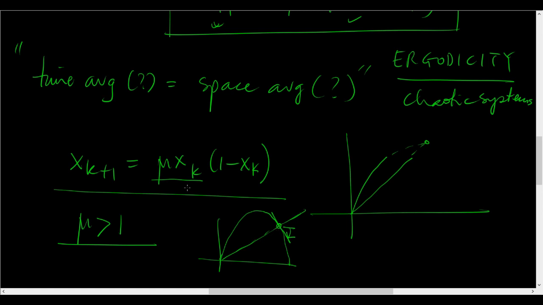So let us start with mu equals 1.5 or something, and that should be all right. But what I will do is increase mu very, very slowly. I will increase mu from 1.5 to 4 in 1 million steps, and I'll just keep following the x trajectory, and then we will look at the figure.